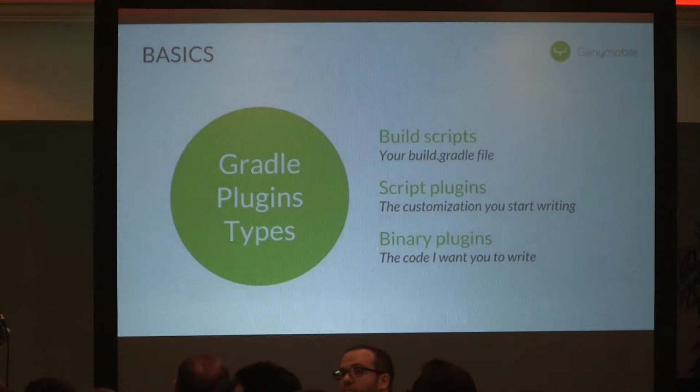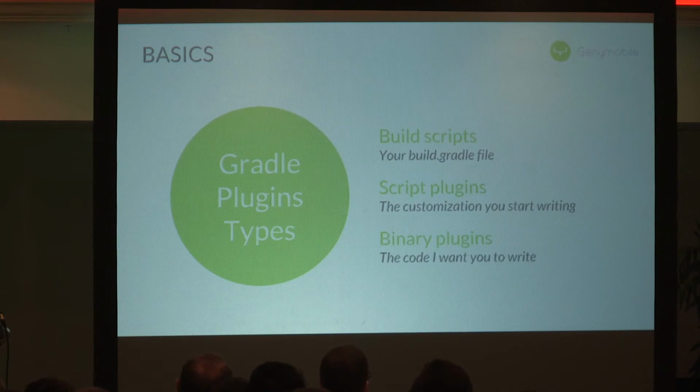First, let's take some definitions. What are the different Gradle plugin types? First, maybe you don't know, but build.gradle files are plugins. Implementation-wise, I don't know if we can say that in English, but that is how it is implemented: build.gradle files are considered plugins for the Gradle core. Also, there are script plugins.